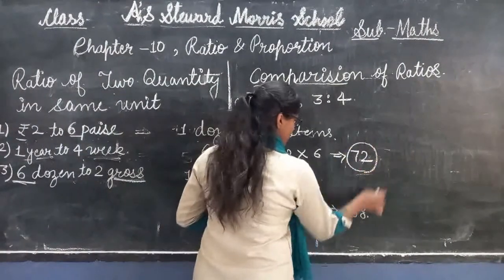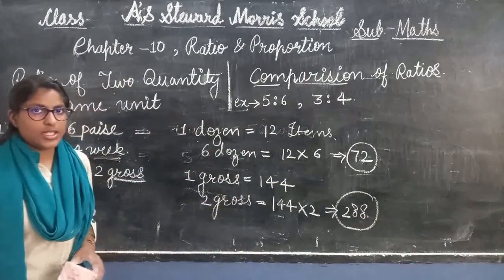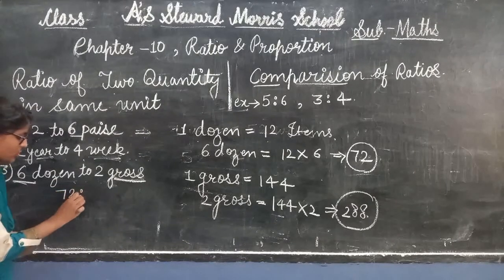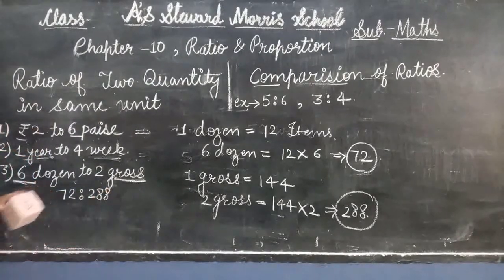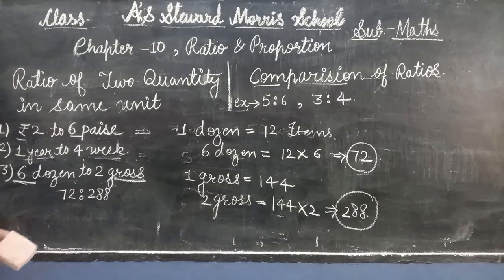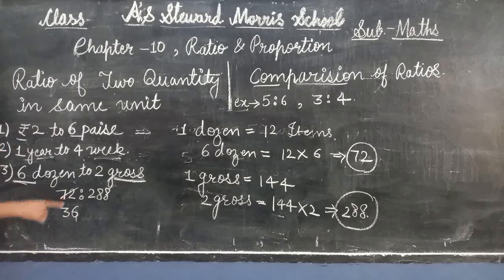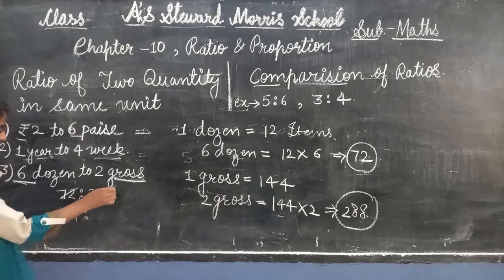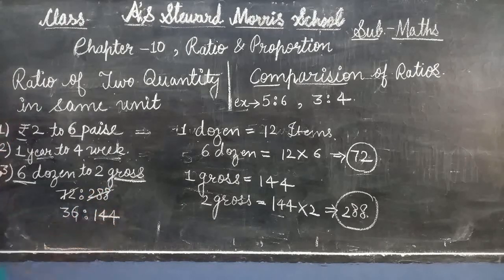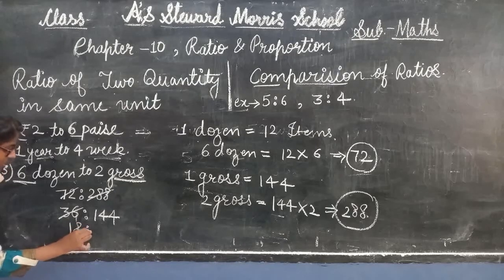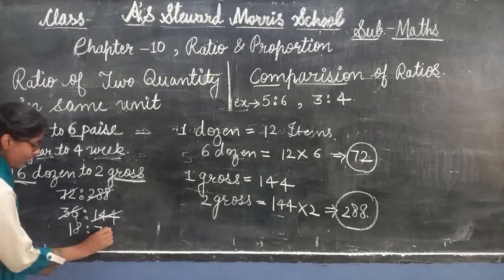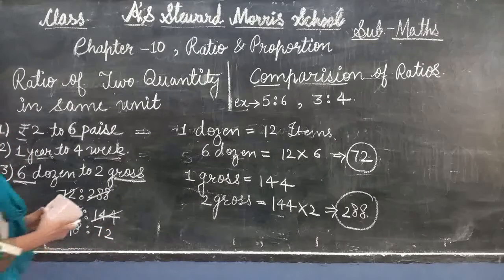Here we are getting 72 and here we are getting 288. Now I am writing here.